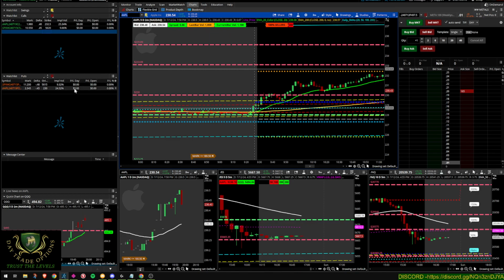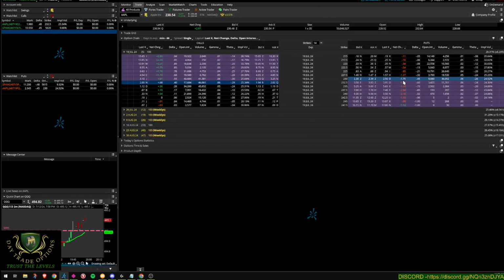It won't be at the money anymore. It's going to move. So if that happens, you just have to be cognizant of that. Just go to your trade tab again, click at the money, and let's just say it's here this time, and then you put it right on top of that and you overwrite it.